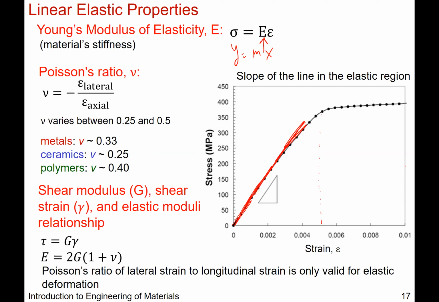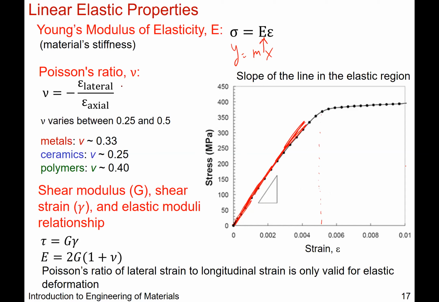And we can compute a relationship between the elongation as well as the change in the lateral direction of a material with Poisson's ratio. This ratio tells us that the strain in the lateral direction divided by the strain in the longitudinal or axial direction is going to vary between 0.25 and 0.5, sometimes 0.4.